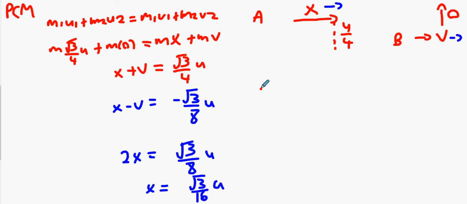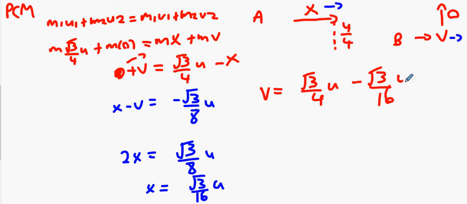So v equals root 3 over 4 u take away x, because the x value can go over the other side, and that'd be root 3 over 16 u. And then our v value is going to be 3 root 3 u over 16.